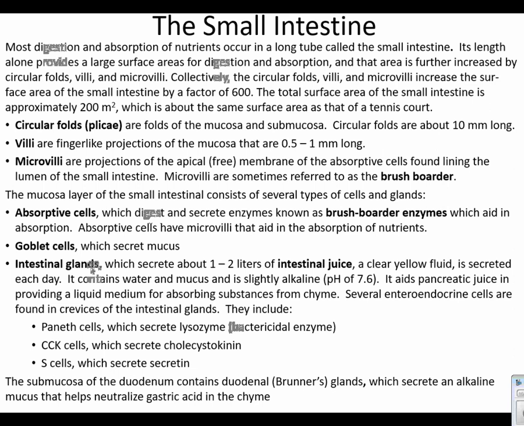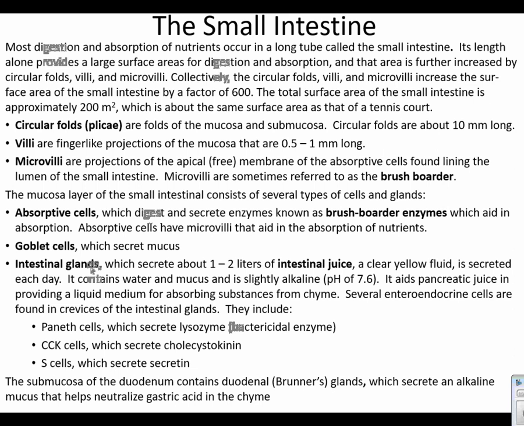So let's now talk about the small intestine, which I always say is where most of the magic happens. And by that I mean most digestion and absorption of nutrients. Now, our small intestine gets its name not for its length, because it's actually the longest part of our tract. It gets its name because it's not very wide in diameter.